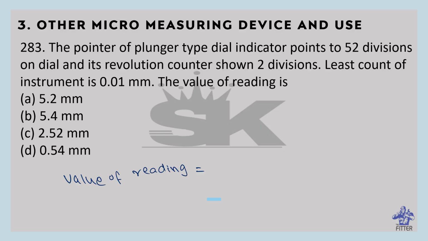So 2 plus 52 into 0.01, that is equal to 2.52. So option C.